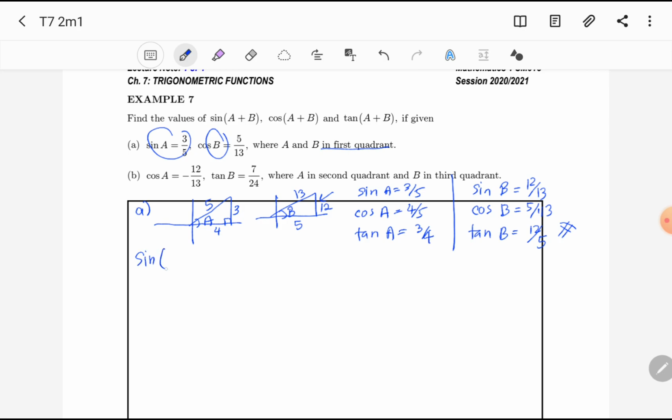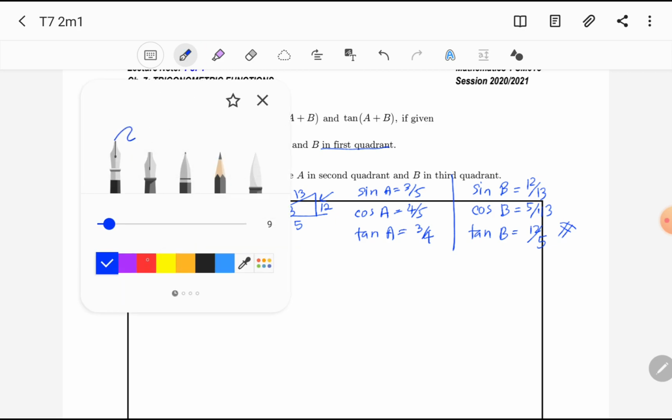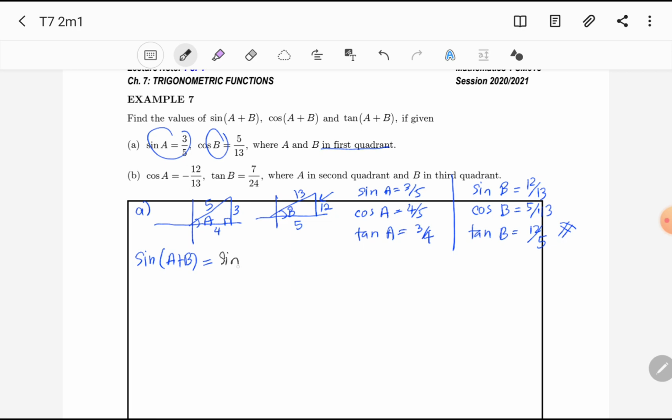So, sin A plus B equals to, okay, tengok formula kat atas tadi. Okay, sin A cos B plus, so sini pun follow plus. Apa dia? Cos A sin B. Very good.